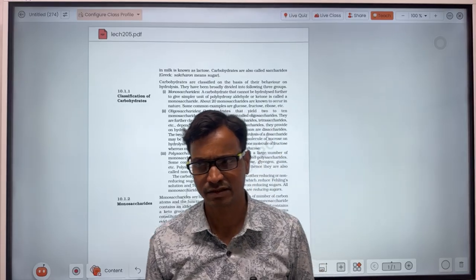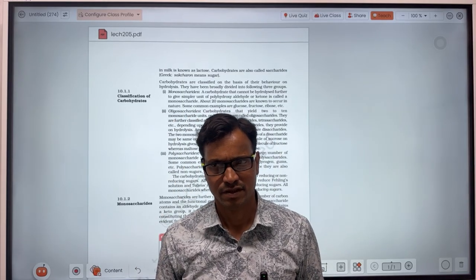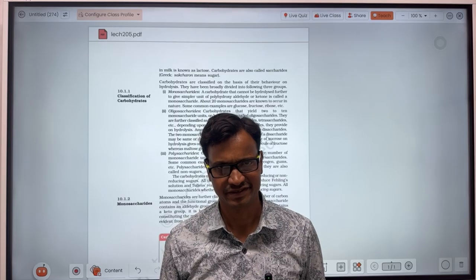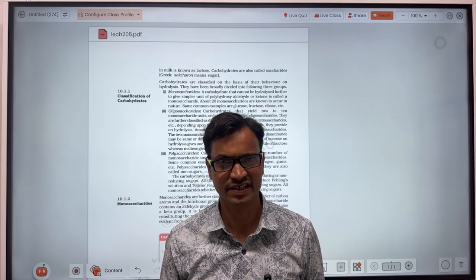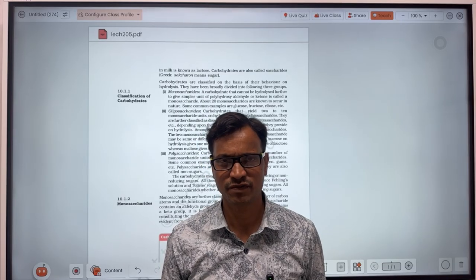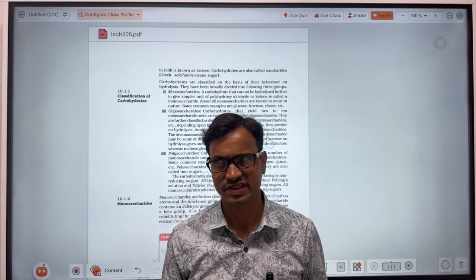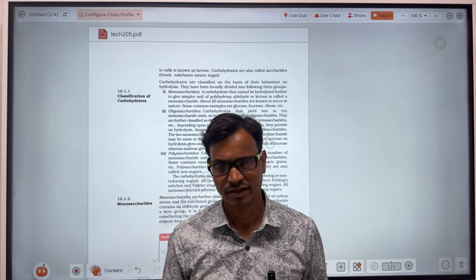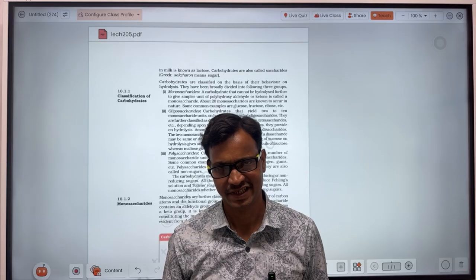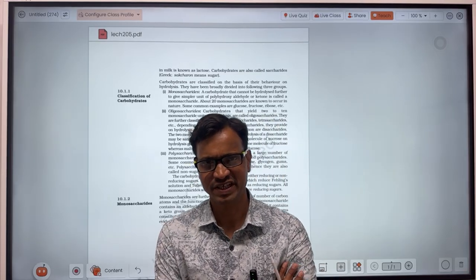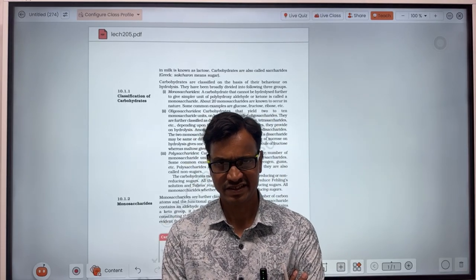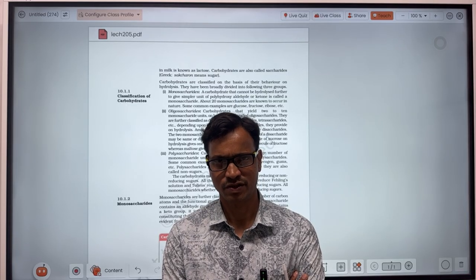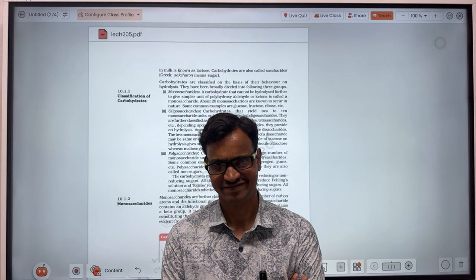In the case of oligosaccharide, if the aldehydic group is free, that is, not involved in bond formation, then that oligosaccharide is included in reducing sugars. And if the aldehydic group is bonded, then that oligosaccharide is included in non-reducing sugars.